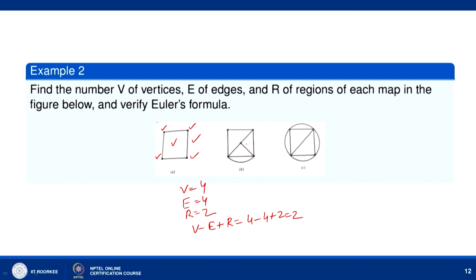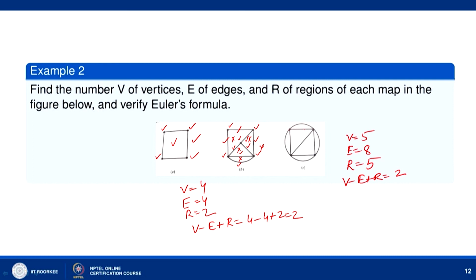Now, here 1, 2, 3, 4, 5, V equals 5, and edges are 1, 2, 3, 4, 5, 6, 7, 8. 8 edges are there, and regions are 1, 2, 3, 4 and 5. So, we have V minus E plus R equals 2. And now, let us take the last case.